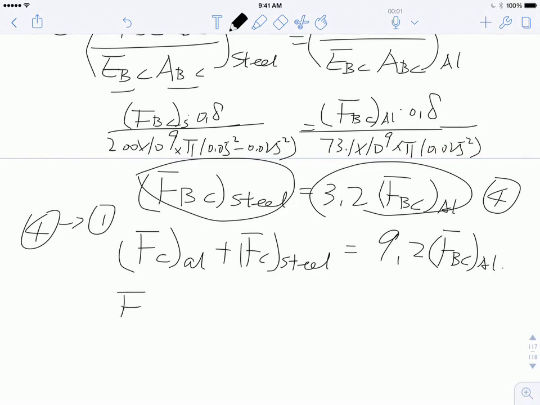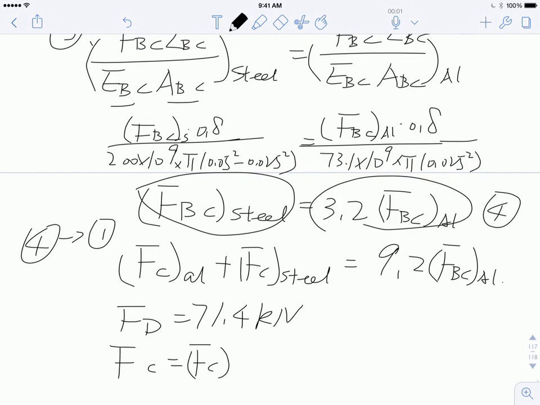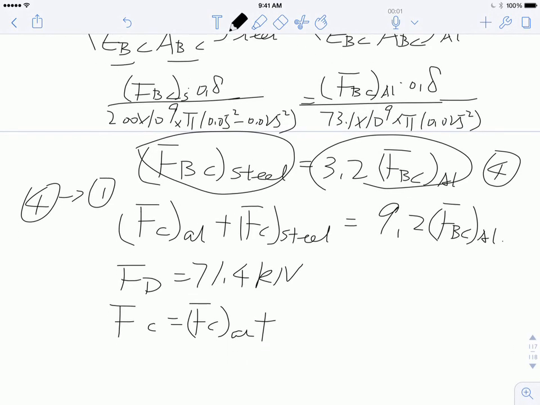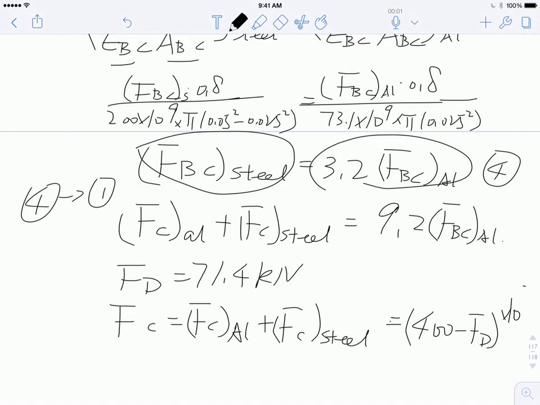So therefore we have F_D, that's 71.4 kilonewtons. And F_C is F_C aluminum plus F_C stainless steel, which is equal to 400 minus F_D, times 10 to the 3, don't forget the kilonewton.